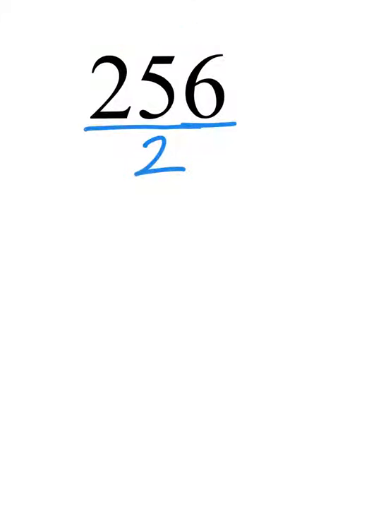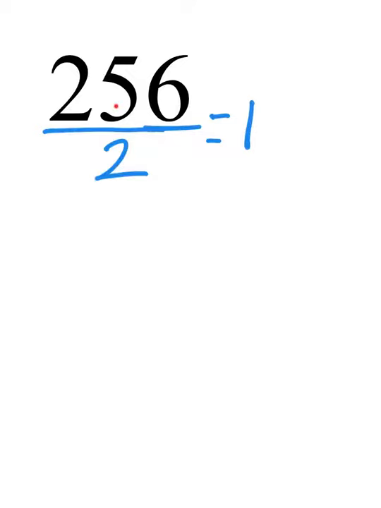I want you to take each one of these one by one and see if 2 goes into 2, right? So right there, does 2 go into 2? Yes, it goes in one time. Do you have any left over? Nope. So now the 2 is done. Now you're going to go to the next number, which is 2 into 5. Does 2 go into 5?